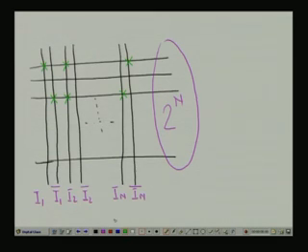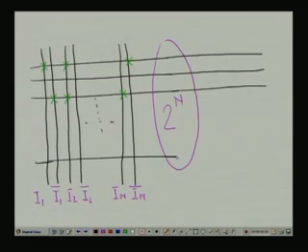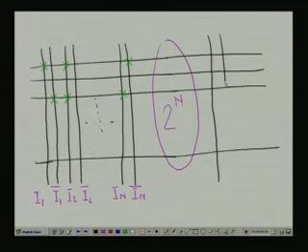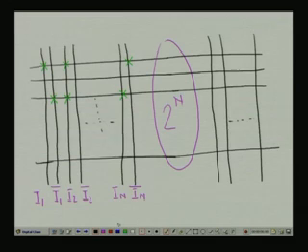Now, if I draw the OR plane, the 2 to the power n number of product terms will be the rows, and there will be m number of columns, m outputs, O1, O2 up to OM.